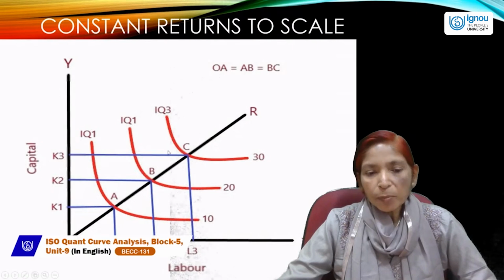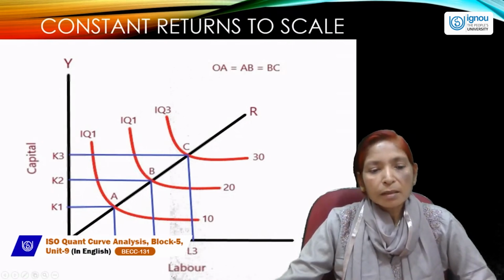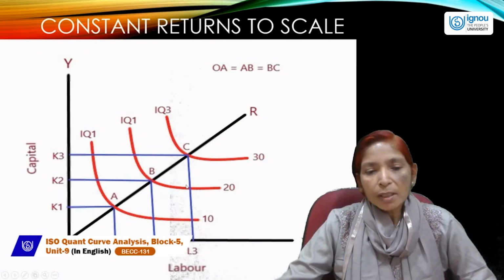Like L1, L2, L3, the labor ratio, and the capital ratio is also K1, K2, K3, and the gap in between all these isoquant curves. One isoquant curve is showing 10 level of output, the second isoquant is showing 20 level of output, and the next isoquant is showing 30 level of output. The difference is the same, 10, 10, 10.